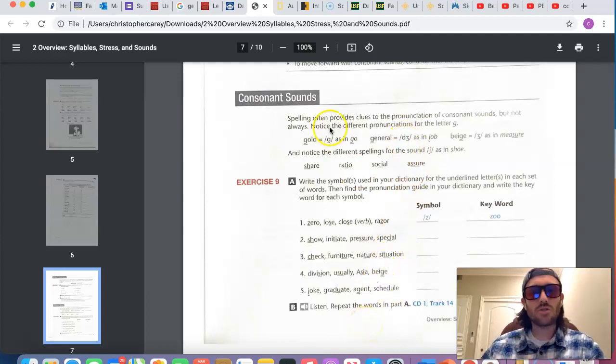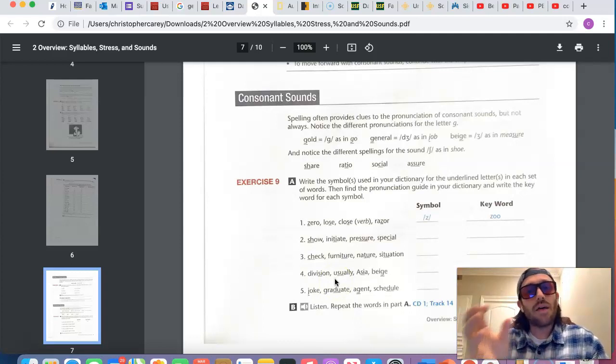So again, spelling often gives us clues, especially for these very first set of words in each group. But the other ones, as you are already aware at this point, not always are words in English pronounced the same way that they're written, and there's some differentiation, especially in terms of the position of the letter.